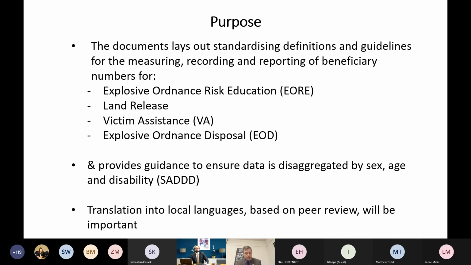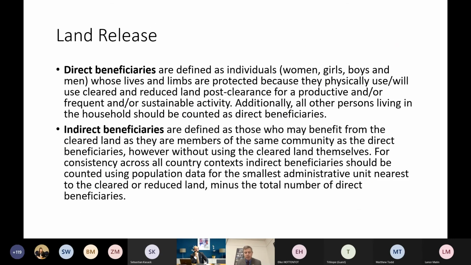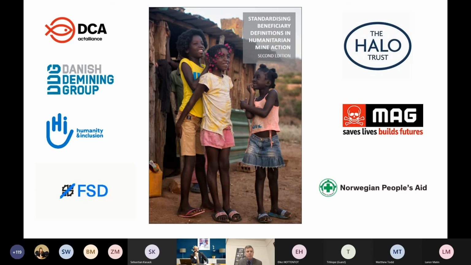We have looked at counting beneficiaries in a number of ways, and it's important to remember that we are talking about a per task calculation, not per item of explosive ordnance. So there are two categories of direct beneficiaries. The first one is the person actually reporting the item of explosive ordnance and their immediate household, and or persons regularly using the physical asset that may be blocked by an item of explosive ordnance.